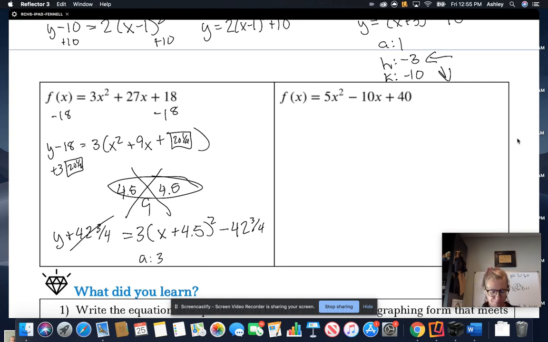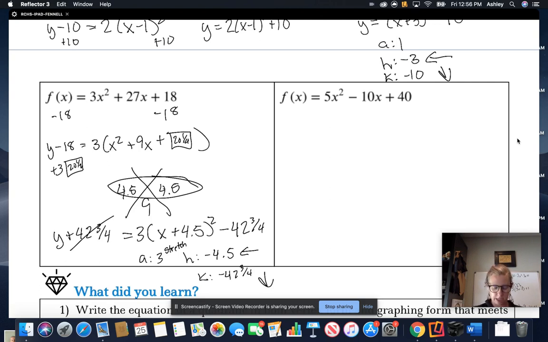A is going to be 3. H is going to be negative 4.5. K is going to be negative 42 and 3/4. A is going to stretch my function. H is going to shift us left 4.5. K is going to shift us down 42 and 3/4 or 42.75.